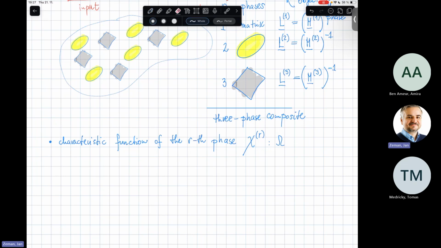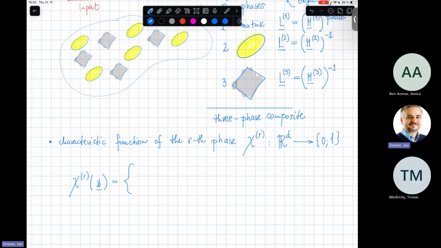So it will take values from this omega, which now in my world is actually equivalent to the full domain. And for each point in my infinite domain, it will just assign 2 values, 0 or 1. Right? So this chi r at a point x can take only 2 values.